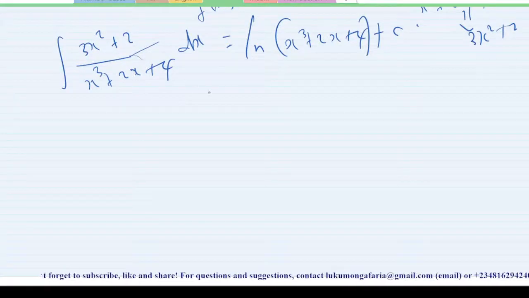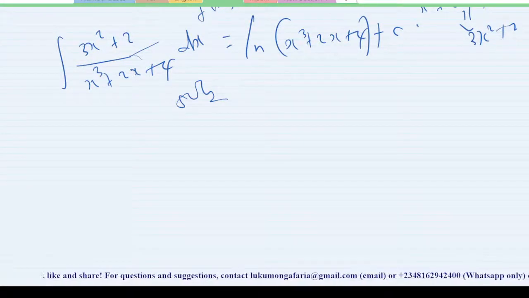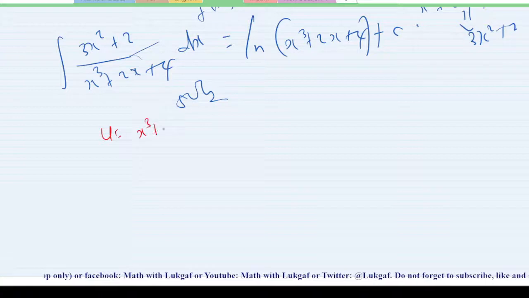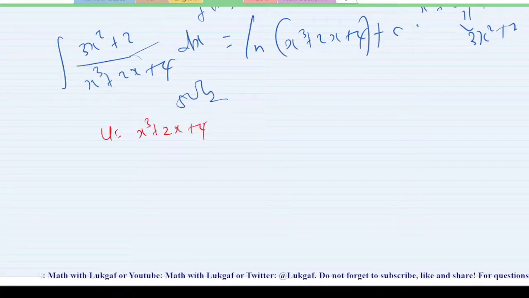Okay, solution. Suppose we want to show this. I have the integral of 3x squared plus 2 divided by x cubed plus 2x plus 4. Then you can make your u to be x cubed plus 2x plus 4.